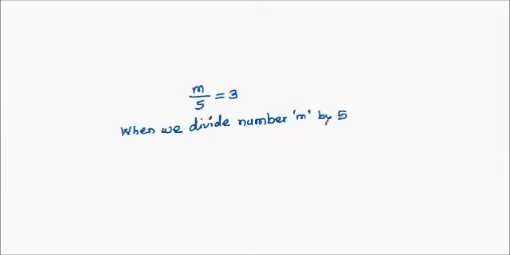m upon 5 is equal to 3. So the simple one is: when we divide number m by 5, it gives 3.